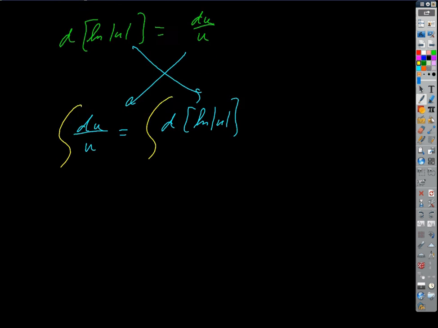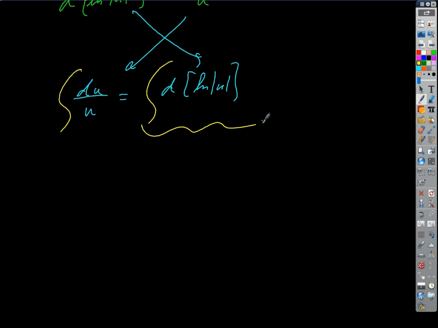So on this side, all this stuff just ends up being log of absolute value of u plus c, right? Because if I differentiate that, I'm going to get back log u plus 0, right? So we end up with the integral of du over u equals that.